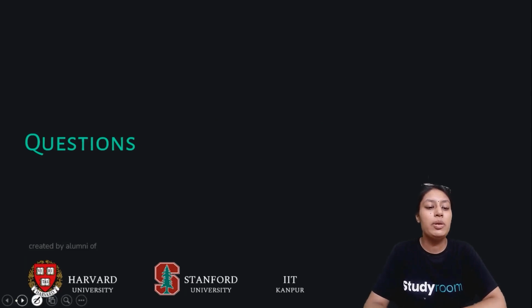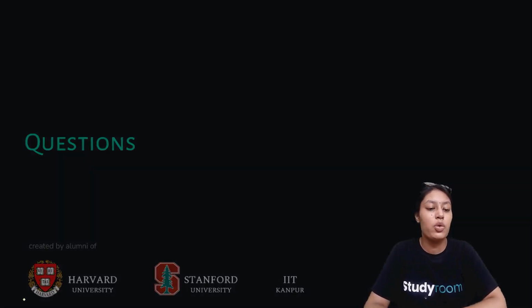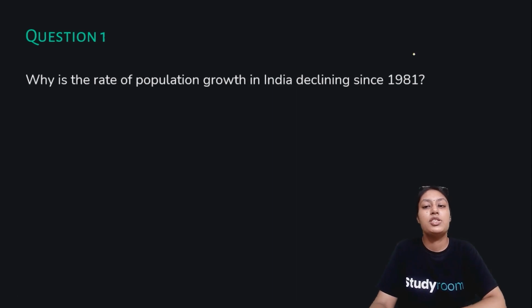Now, we will be discussing a few questions and we'll answer them. So let's start. Why is the rate of population growth in India declining since 1981? So, what is the reason for the population growth in India declining?